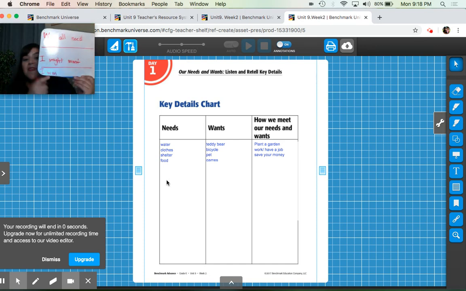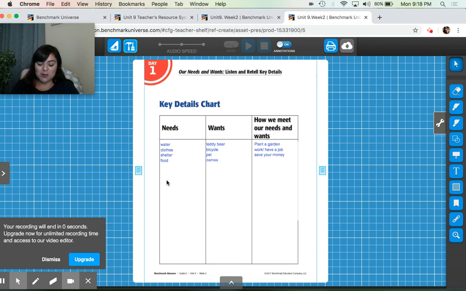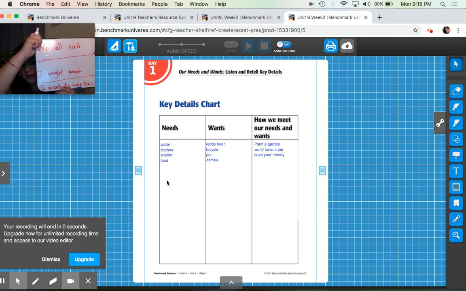Okay. And the last thing I want you to write is I want to save for blank. So I want to know what would you save money to get? I want to save for a bicycle, or I want to save for a jewel, a necklace. Okay, so I wrote it down here.